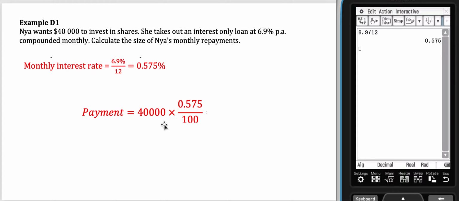So $40,000 times 0.575 over 100 equals 230. So the payment size each month is $230. That just means that over the course of this loan, every month Naya would be repaying $230, which is equal to the interest on the balance each month.